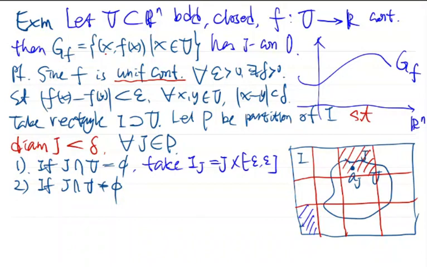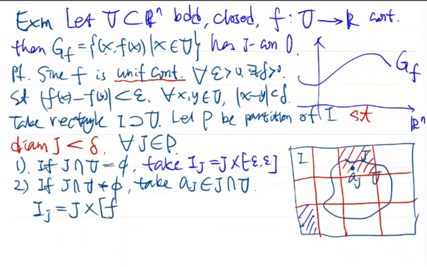Since this J has non-empty intersection with U, we take a point aj belonging to the intersection, and we define Ij to be J Cartesian product with the small neighborhood, the interval [f(aj) - epsilon, f(aj) + epsilon].